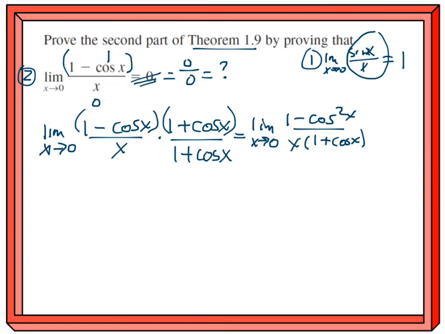Now, let me call your attention to this. If I'm going to do some sort of substitution, I need to have this sine x over x, which I don't have, but I have something that looks like a Pythagorean identity here: 1 minus cosine squared x is equal to sine squared x. So I'm going to do that as a substitution.